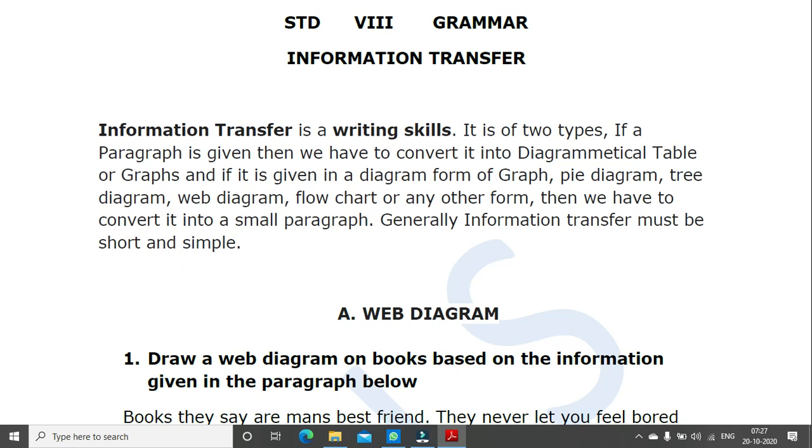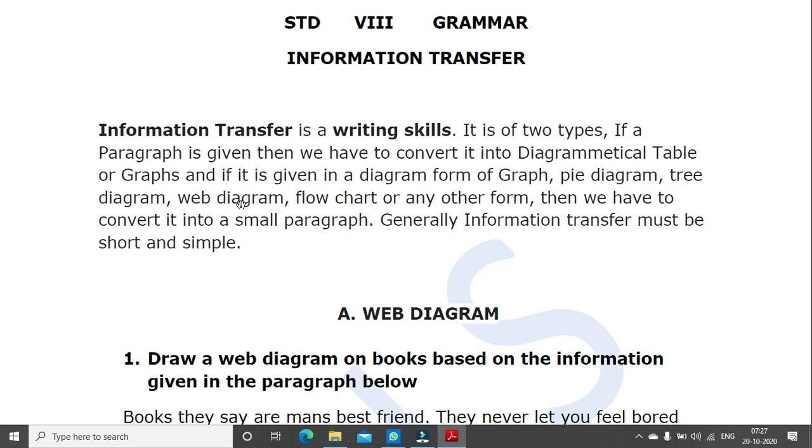What are the many non-verbal forms of information? Could be graph, pie diagram, tree diagram, web diagram, flow chart, and many other forms. From all these forms, I will be teaching you the tree diagram and web diagram.